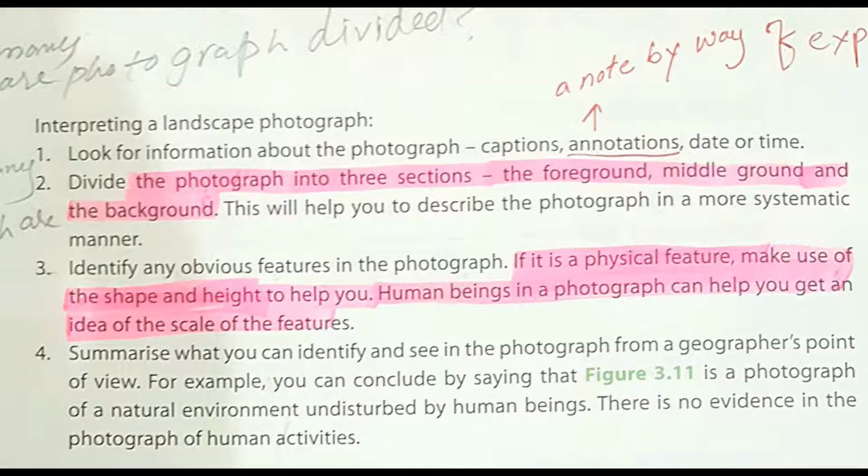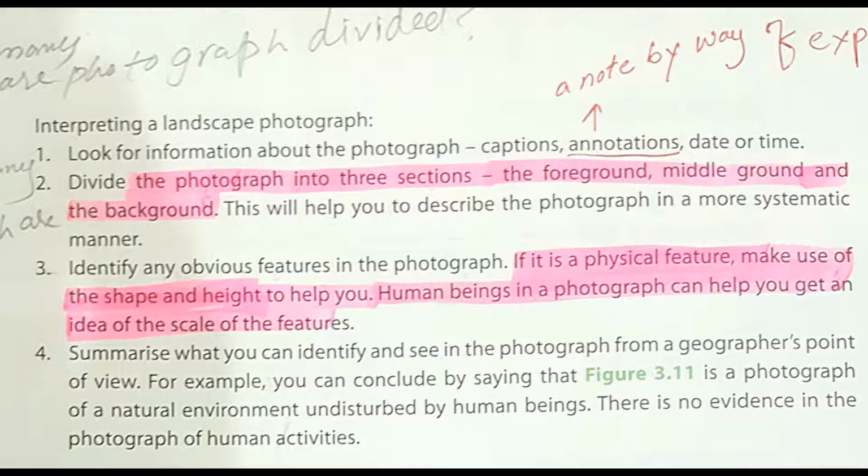Number 3. Identify any obvious features in the photograph. If it is a physical feature, make use of the shape and height to help you. Human beings in a photograph can help you get an idea of the scale of the features. Number 4.